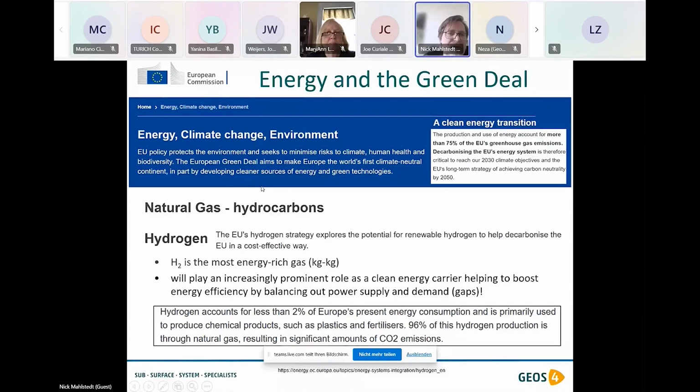Those energy sources are still mainly natural gas, especially hydrocarbons, but first of all, also hydrogen, which is important as it's the most energy-rich gas and a truly clean energy carrier because it's devoid of carbon, of course. Nevertheless, hydrogen accounts for less than 2% of Europe's present energy consumption only, whereas 96% of this is gray hydrogen.